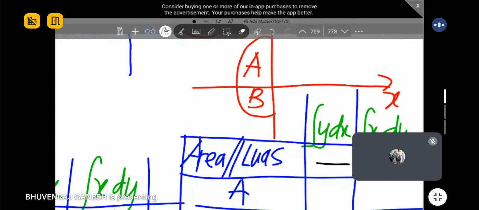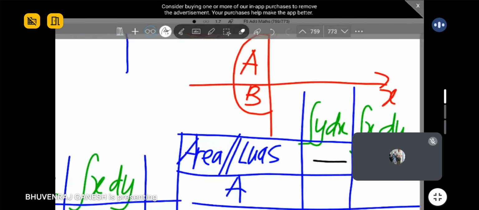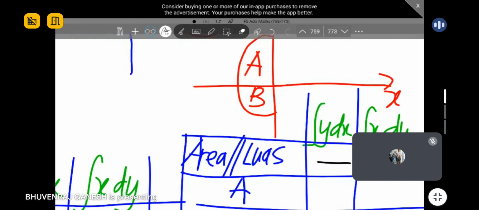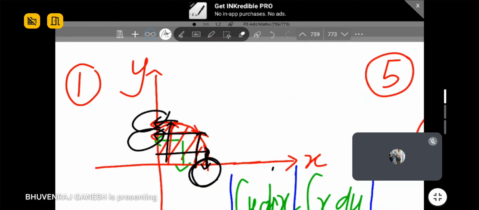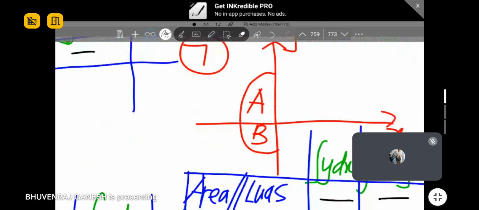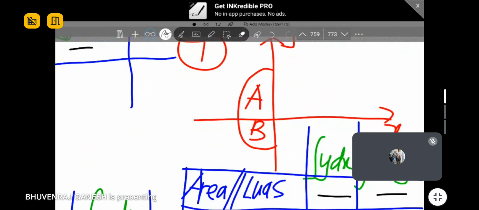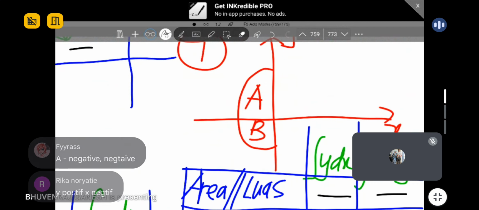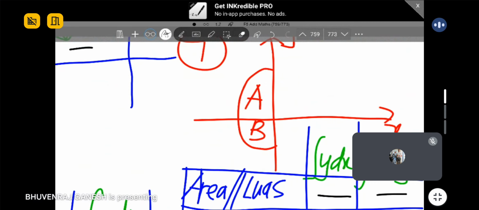So first one guys, luas A. Can you all tell me which one positive, which one negative? Slowly. Slow and steady. Kalau siapa-siapa nak jawab terus also can. Okay, A negative negative. Okay, let's check.